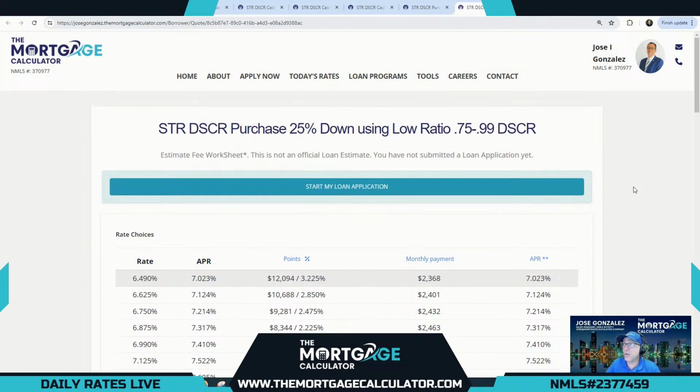So here now is another twist to the guidelines. If you do not have any suitable AirDNA short-term rental comps, if the appraiser was not able to find any short-term rental comps, because remember, we need to have proximity to the subject, similar style, similar gross living area.